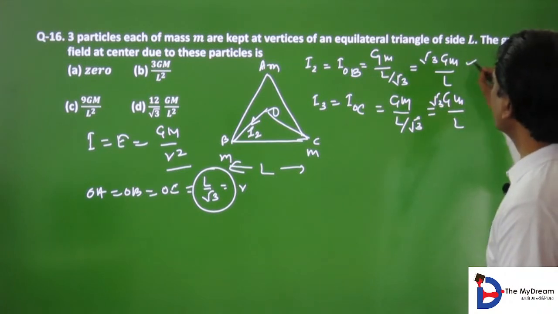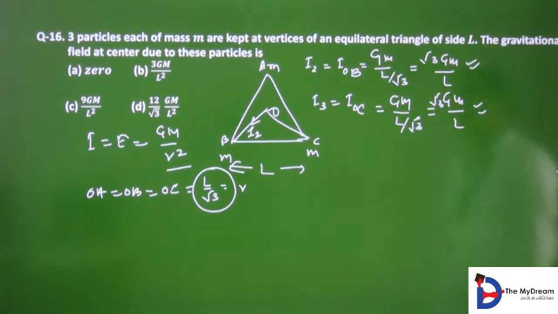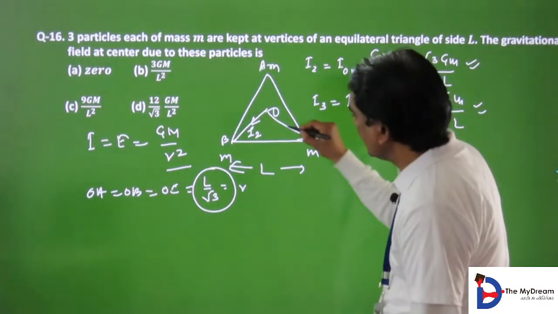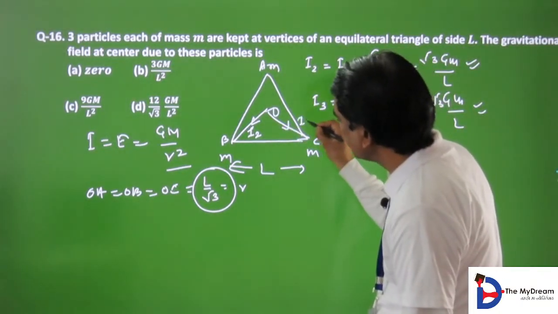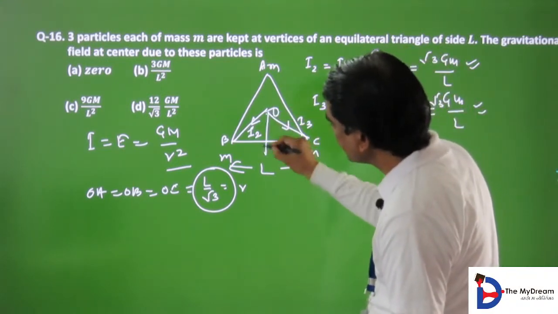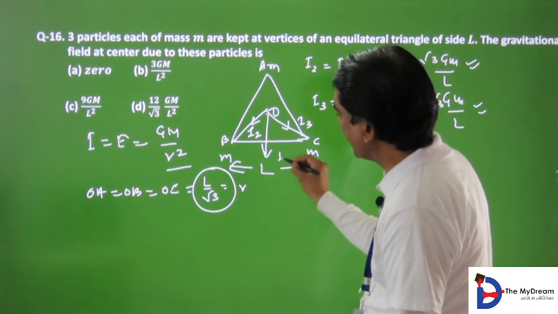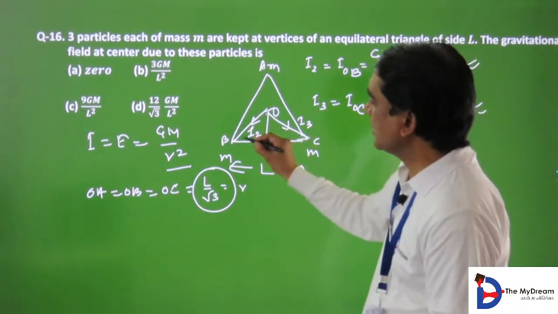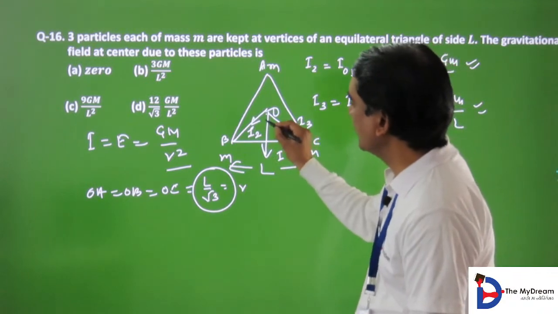And you see this is equal to this. Intensity at O due to C, the arrow is on this side. And the resultant of these two will become I dash. This is 30, this is 30, so it will become 120.